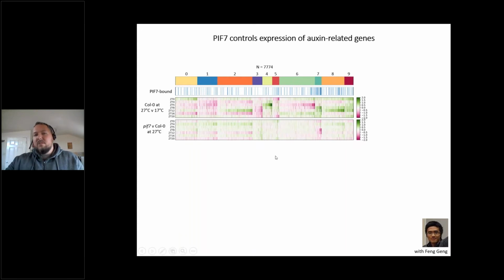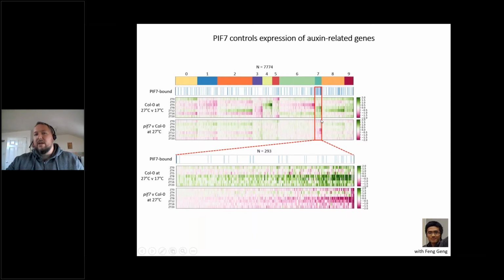However, there was misregulation detected in one particular cluster, cluster 7 here. You see that these genes show a strong induction in the wild type at warm temperature, specifically in the middle of the day at ZT8 and ZT12, which is exactly when the plants experience our warm temperature treatment. And this upregulation was completely abolished in the PIF7 mutant, so these genes weren't induced at all.